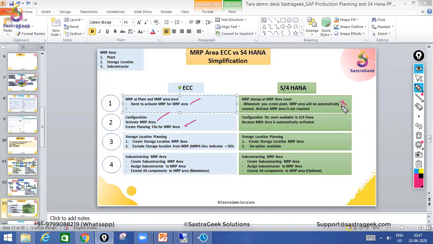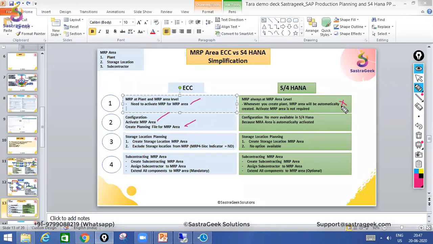We no longer need that configuration for the MRP area, because when we are creating a plant in SAP S/4HANA, the system automatically creates an MRP area for that plant. That is the first thing.